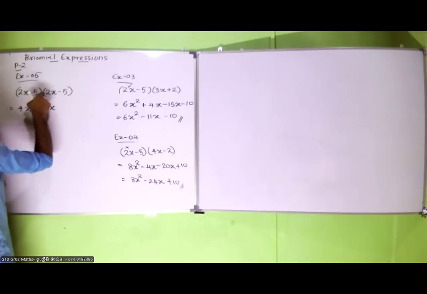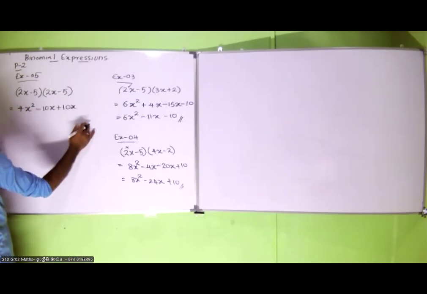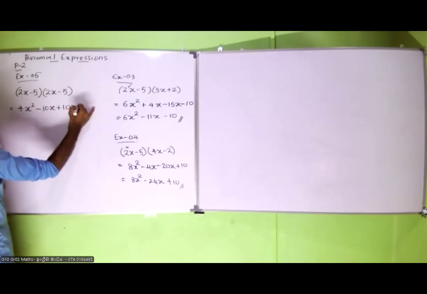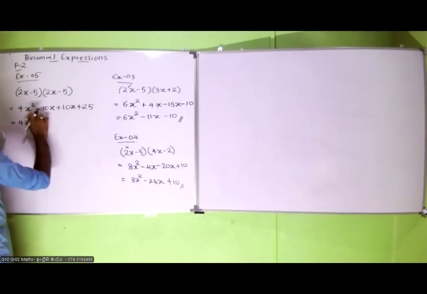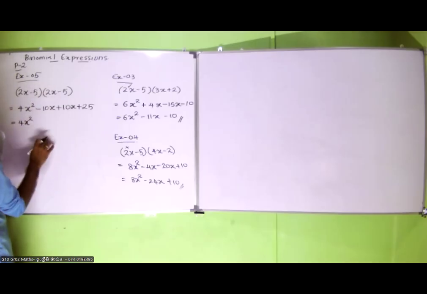So, negative into positive, positive, 5 times 2, 10. Negative into negative, positive, 5 into 5, 25. Equal mark. 4x squared, negative 10, positive 10. But there is this.